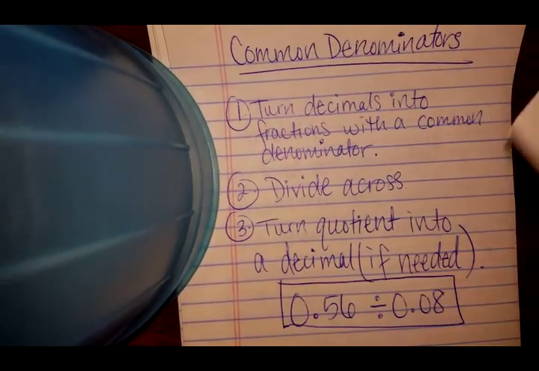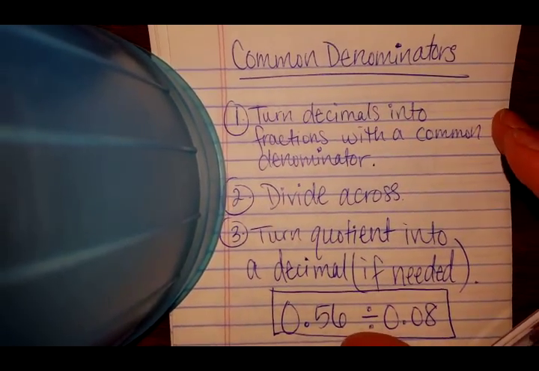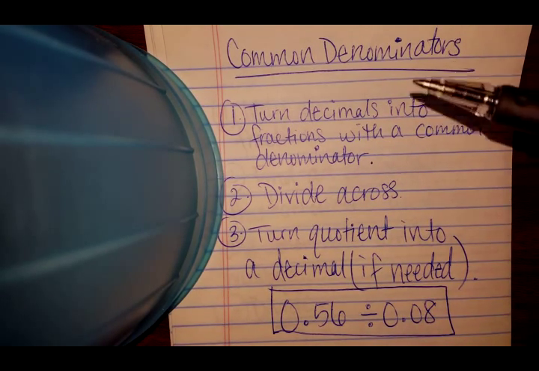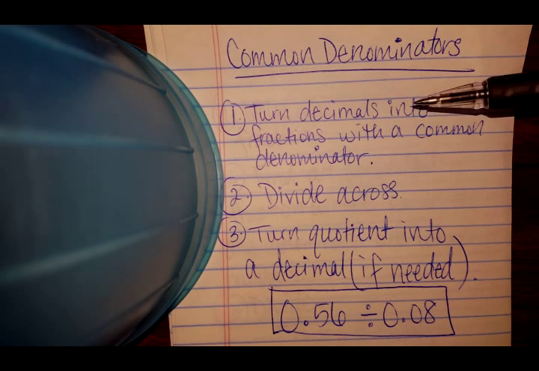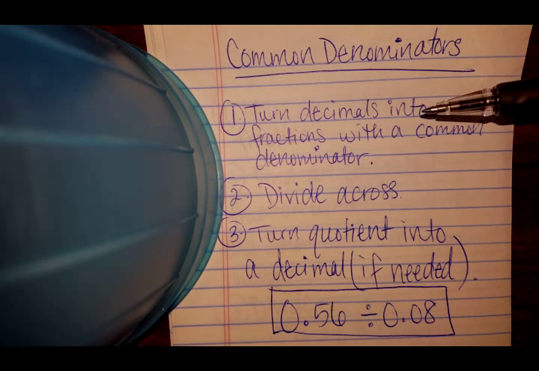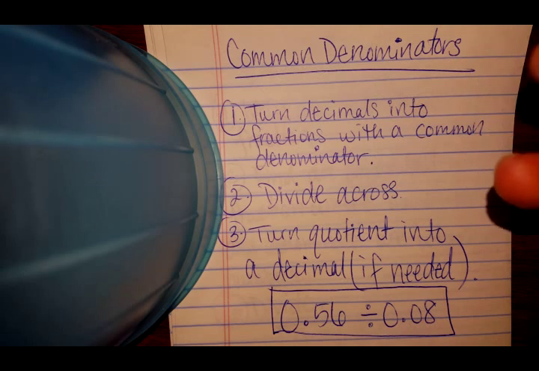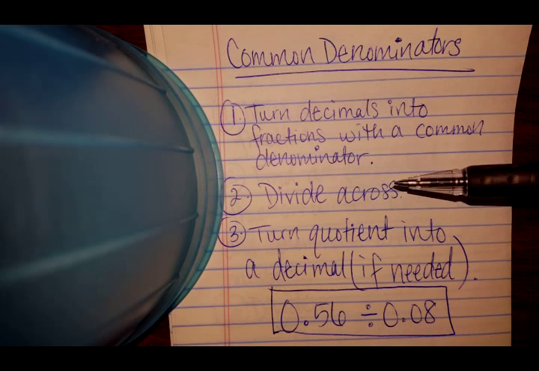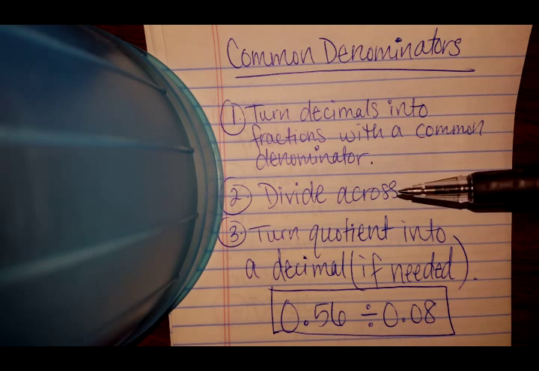Okay. So the first method is common denominators. In this method, you'll turn the decimals into fractions with a common denominator. Sometimes they'll already come with common denominators, like you might be working with two numbers that are already in hundredths, or sometimes one of the numbers will be in tenths, the other one will be in hundredths, and you have to make sure that they have common denominators so that you can super easily divide across.